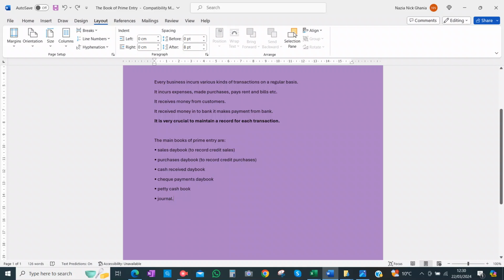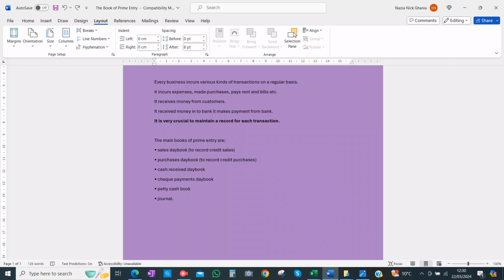So journal is the last form of daybook, or one component of books of prime entry, which records any year-end adjustments. Depreciation, irrecoverable debt, accrual and prepayments will be done on a monthly basis.